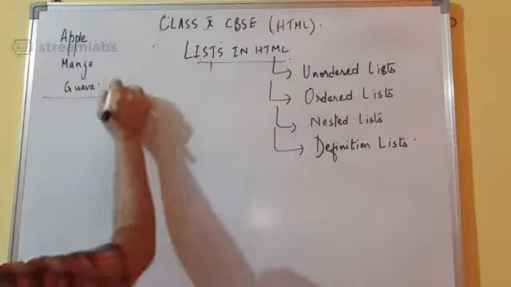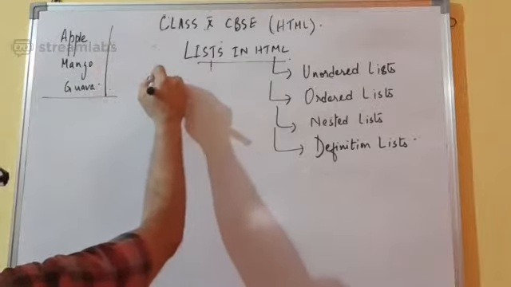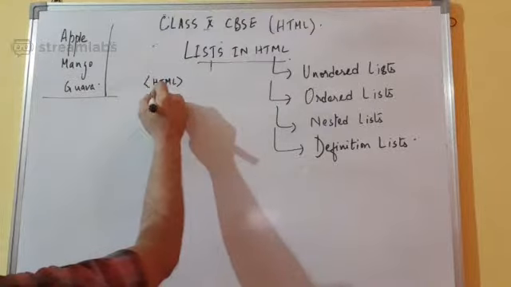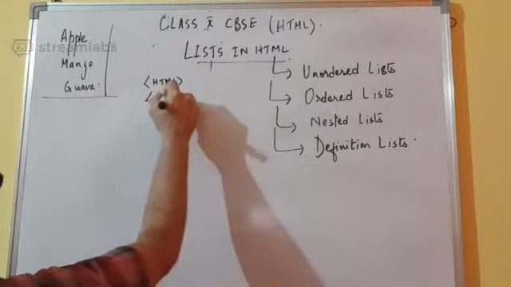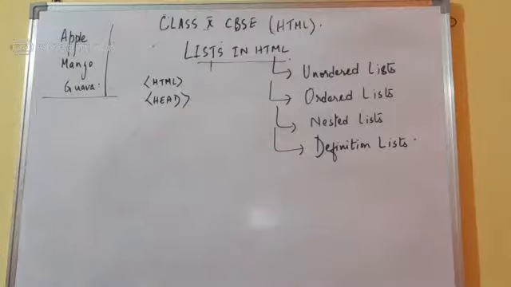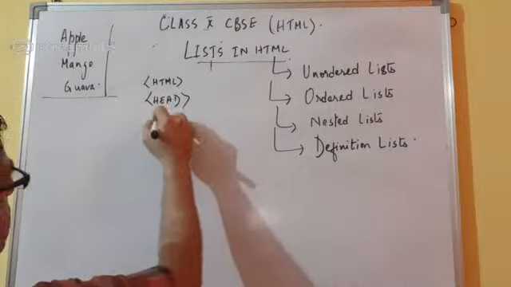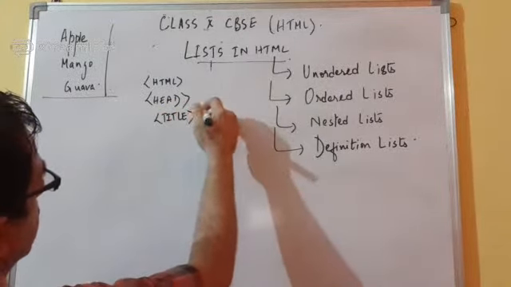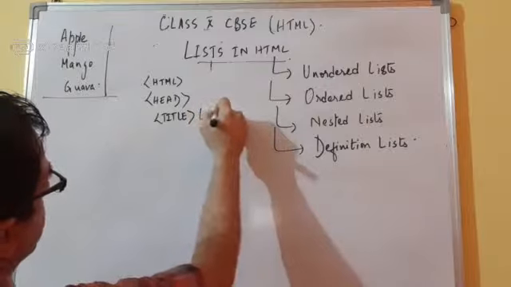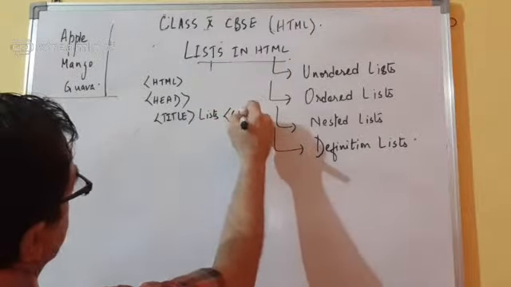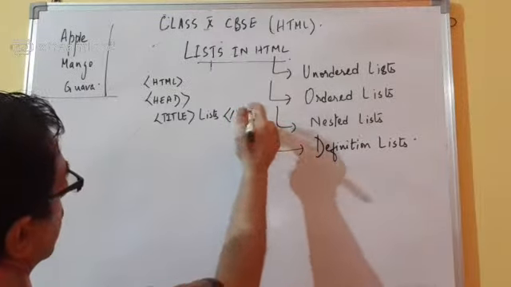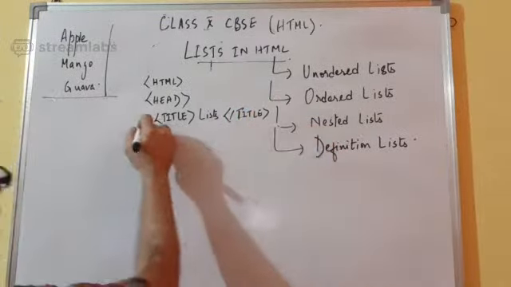Okay, so how do we start? We start with the HTML tag. Then the head tag is optional, as I already said, but if you want to represent your title, then the head tag is compulsory. So I write the title as list, then close the title tag, then close the head tag.